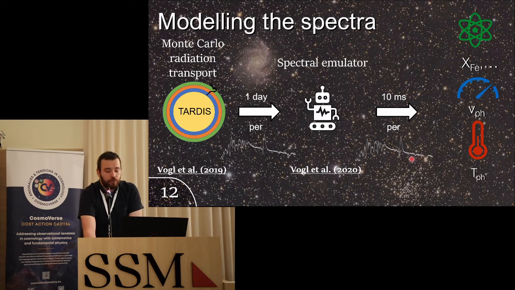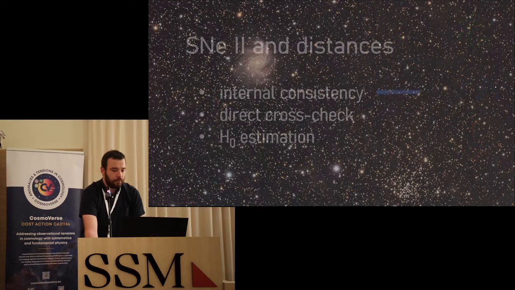This basically allows us to do an actual chi-squared based fitting of the observed spectra, which then yields very precise and reproducible physical parameter estimates for each of the individual spectral epochs.